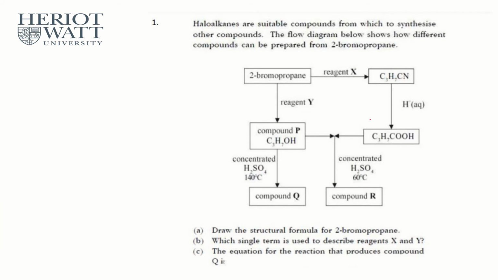when the 2-bromopropane actually reacts with a reagent to form compound P, which has the formula C3H7OH. Now, obviously, from the formula, we can make a guess here that in the presence of OH it is probably an alcohol. Let's check the structure again, right?